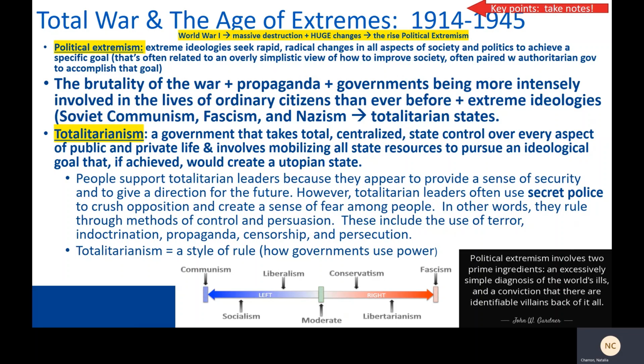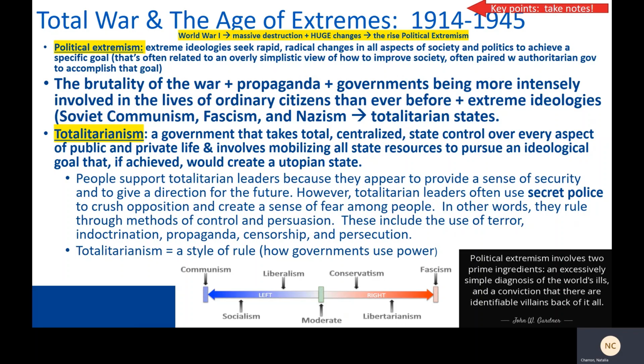So totalitarianism involves a government that makes it its business not only to direct the economy and laws, but also to monitor people's private thoughts and communications and the way they think about the state and make sure that they're following a state ideology. It's scary.